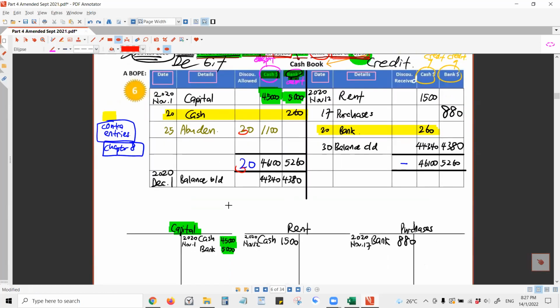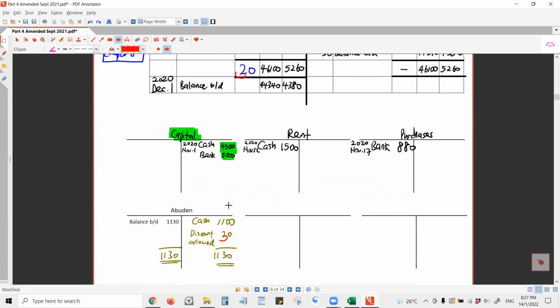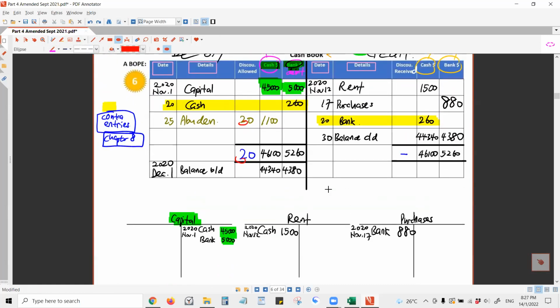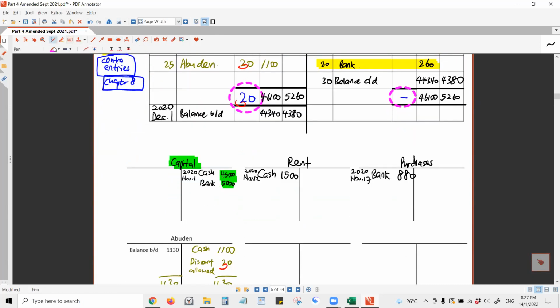Now, what to do with the two T accounts that are empty here? Let me tell you. In the actual world, after you have done the cash book, you would bring the total of the discount allowed and discount received to their accounts. So you follow me. The $30, we are going to bring it to the discount allowed account, debit side. So you write 30 here.